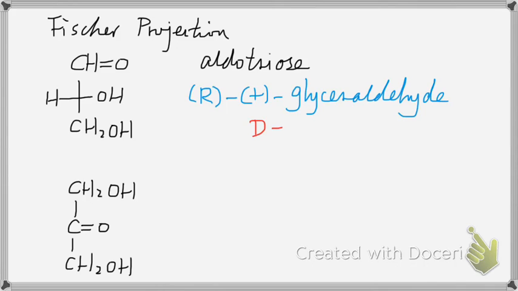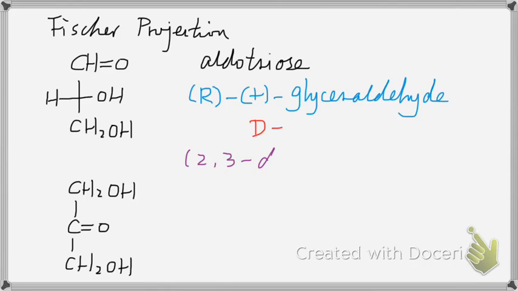And this definition for D is arbitrary here for the aldyl triose. We just call this structure shown here, when you have the H on the left side of the Fischer projection, OH on the right side in the Fischer projection, we just define this as the D configuration. This is used before the RS configuration system was used.